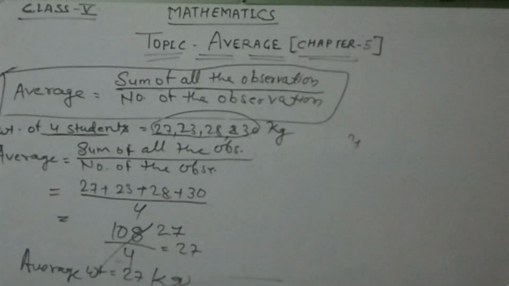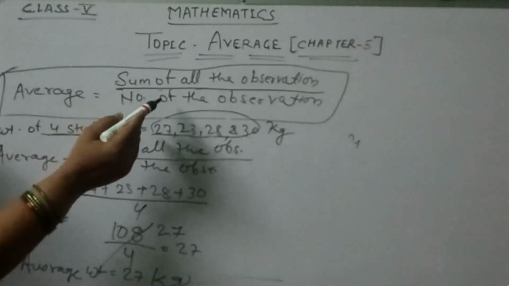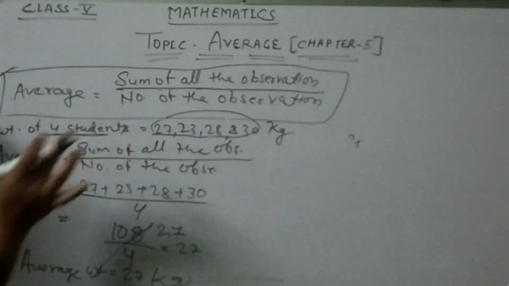Students, I explained how to find the average, what the average is, and why we need it. I hope you have no doubt in this chapter, and only this one formula we have to use: average is the sum of all the observations divided by the number of observations.